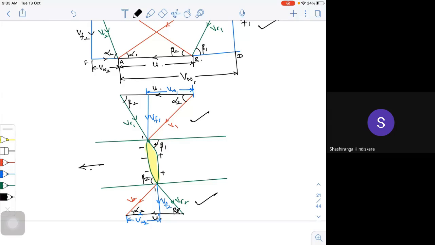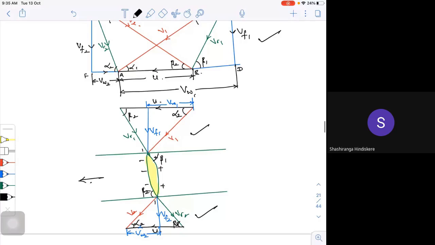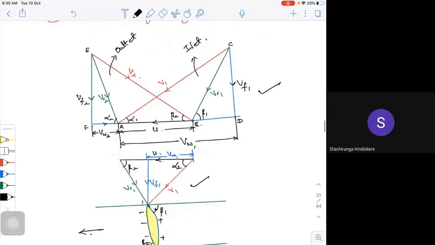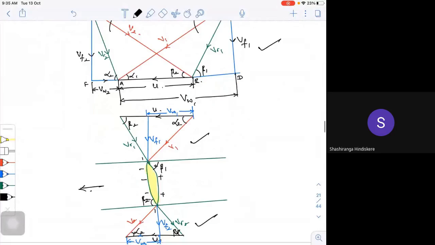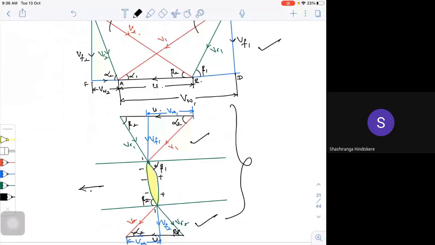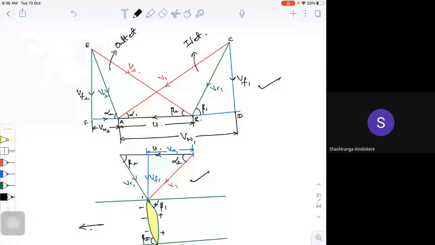So this is how the velocity triangle looks for an axial flow machine if I write it separately, or if I combine and draw a combined velocity triangle, this is how it should be written. Both are correct. This is for the axial flow machines.